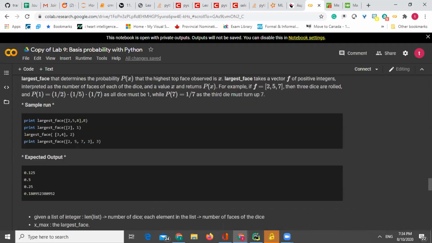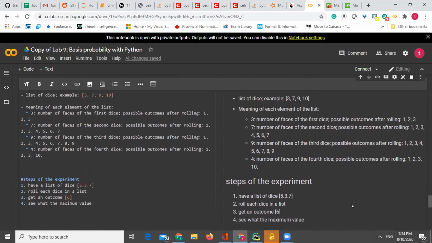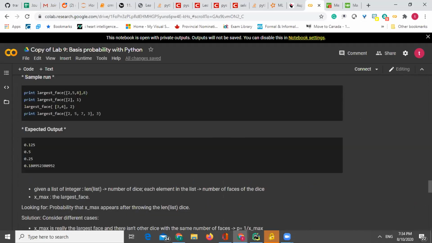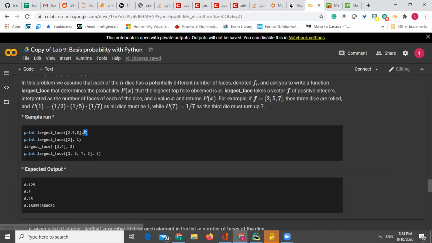We didn't have multiple outcomes like here. So we only have one outcome, 6. Wait, if you roll the dice, you will have three outcomes. But then why in here is there only one? Oh, is it because it takes the largest one?